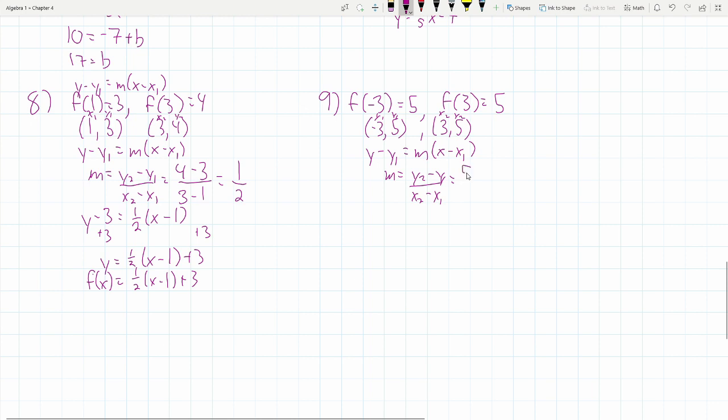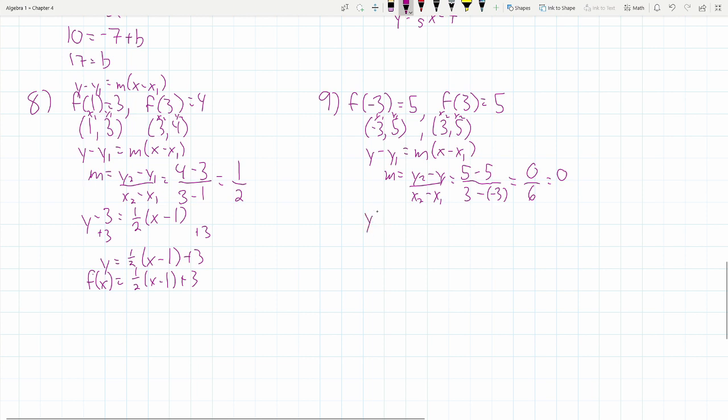My y2 is 5 minus my y1, which is 5, over my x2, which is 3, minus my x1, which is negative 3. 5 minus 5 is 0. 3 minus negative 3 is positive 3, so that makes 6. Wait a minute. 0 over 6, that equals 0.